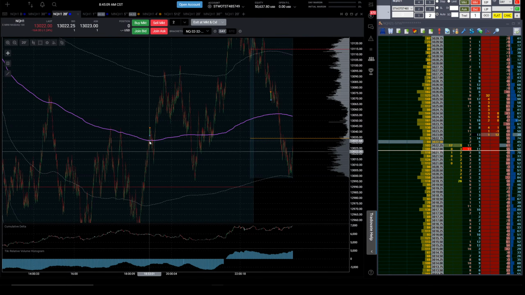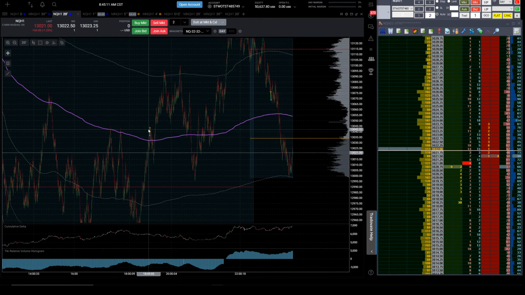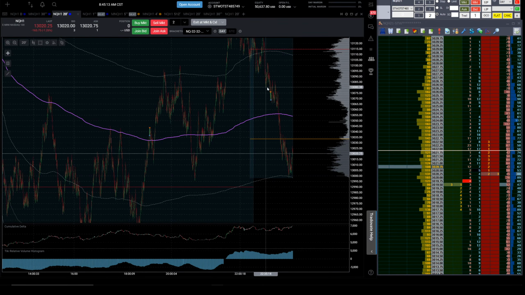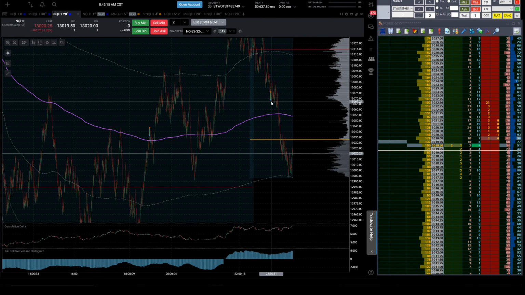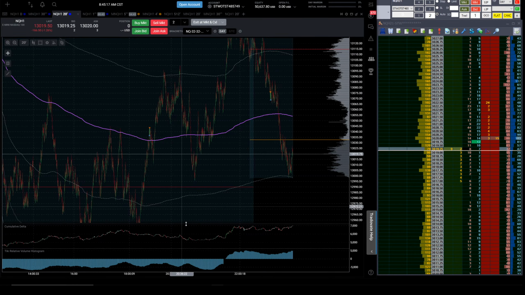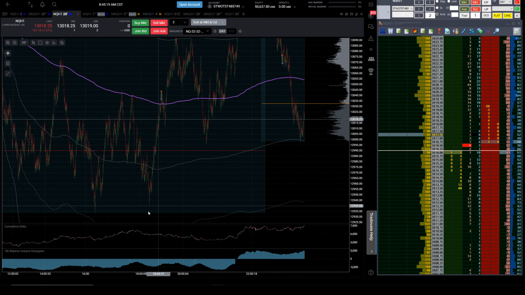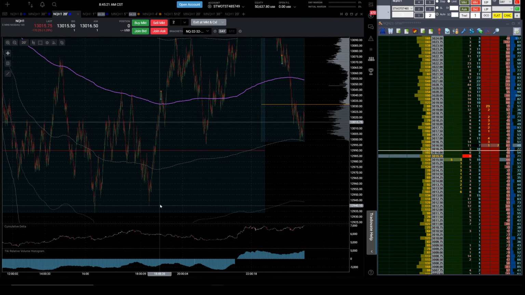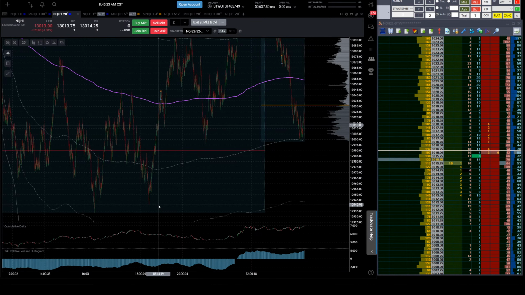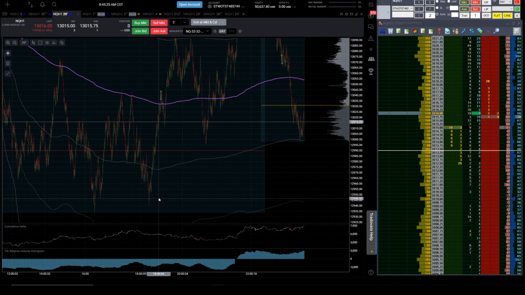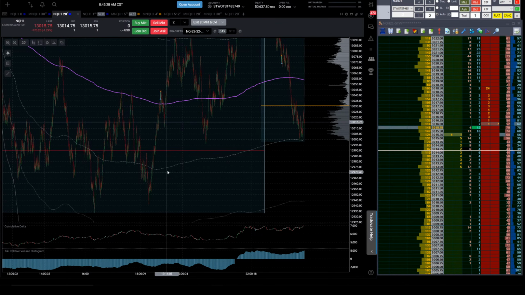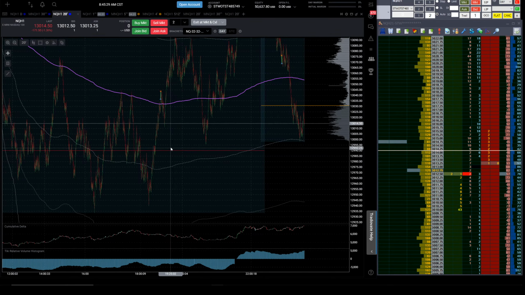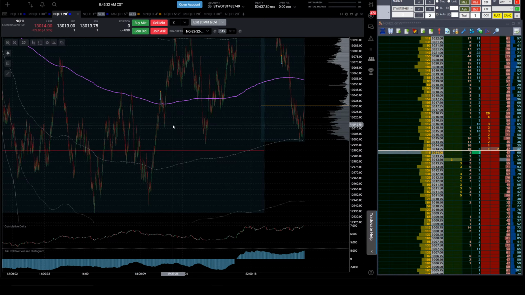I mean, stop and look at the potential in this market. This trade and this trade are $400. I mean, holy crap. 5, 10, 15, 20, 25, 30, 35, 40, 45, 50, 60, 70, 80, 90, 100, 110, 120, about 125 points.